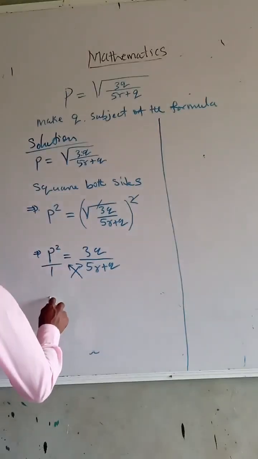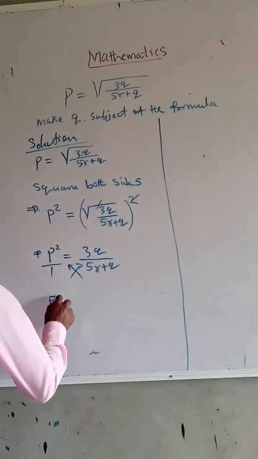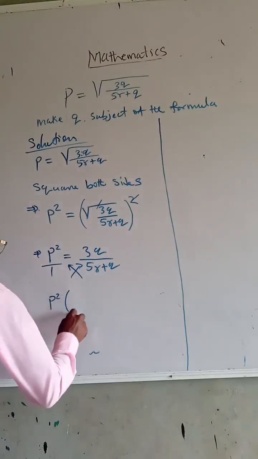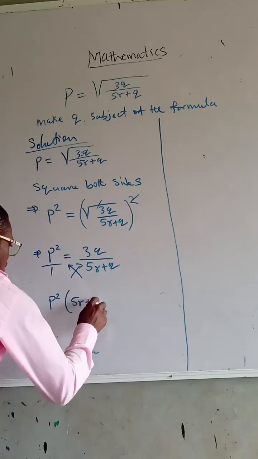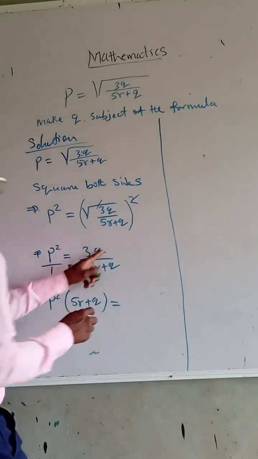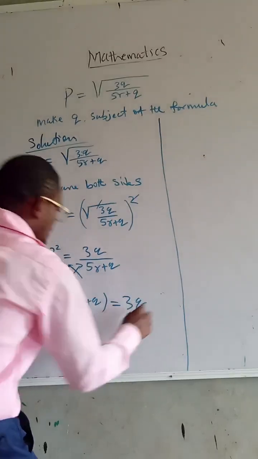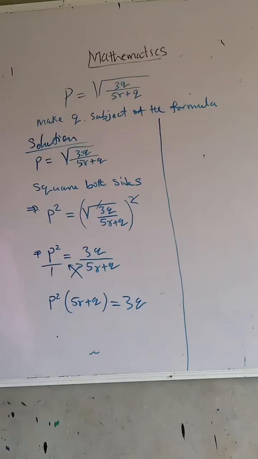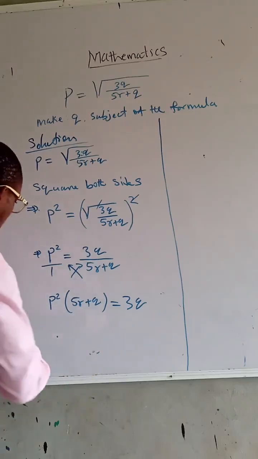So I will have p squared bracket 5r plus q, alright, equals 1 times 3q will give us 3q. Do you get it? Okay.